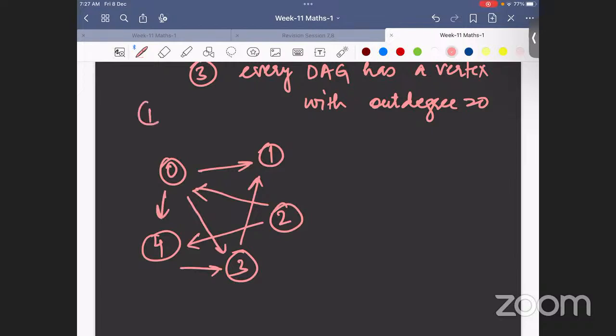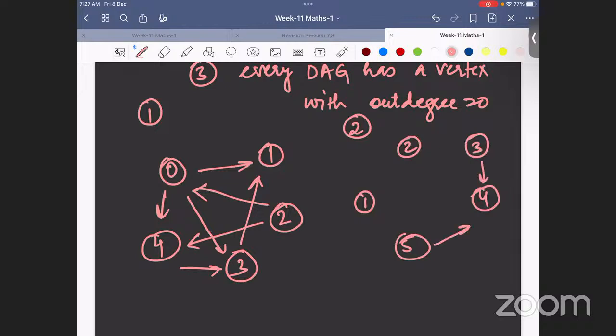The first one, and the second one. Tell me which of the two is a DAG.